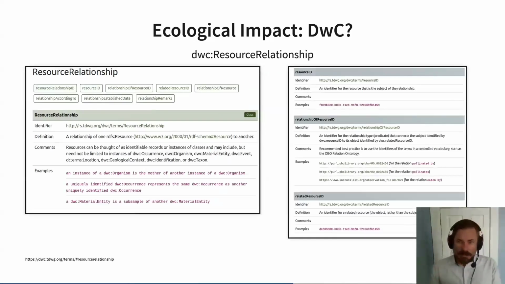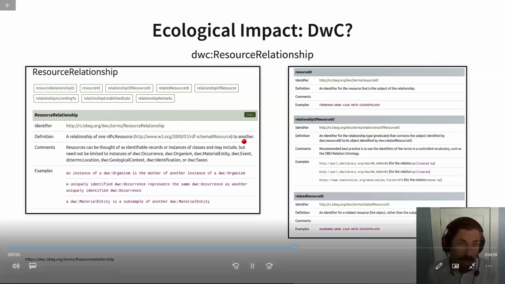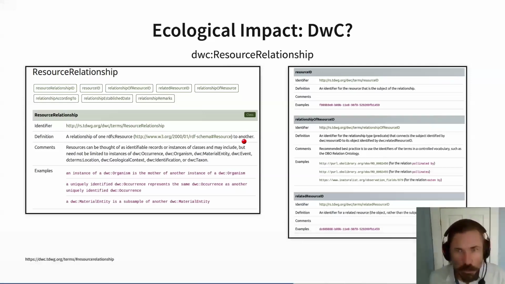Another possible place where we could record this is actually in this resource relationship class that exists in Darwin Core. As far as I know, none of the Pseudogymnoascus destructans data has these resource relationships, but these things can point to other occurrences elsewhere that are also in a Darwin Core format.